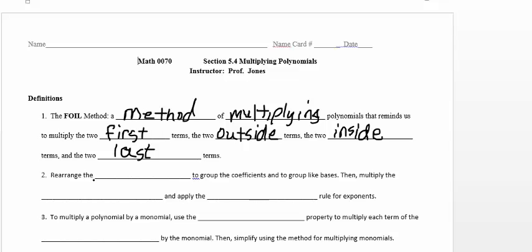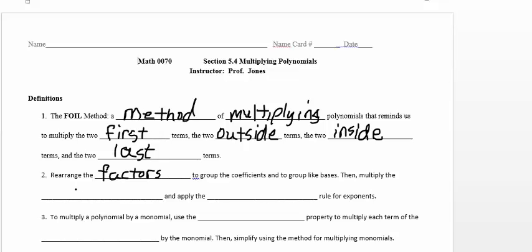So we want to rearrange the factors to group the coefficients and to group like bases when we're multiplying monomials.